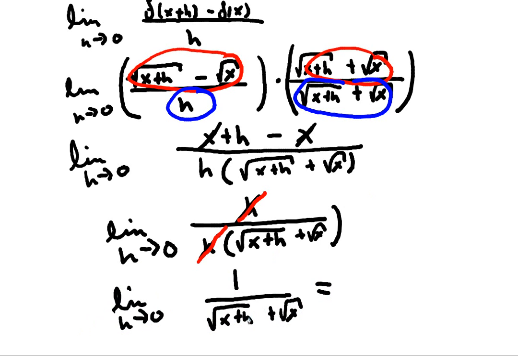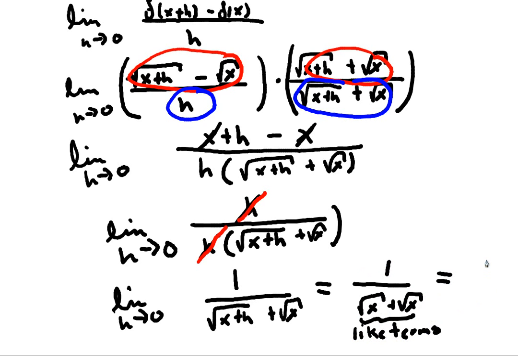I want to really make sure that you see that the canceling is because of a division here. What we are left with now is the limit as h approaches 0 of 1 over the square root of x plus h plus the square root of x.